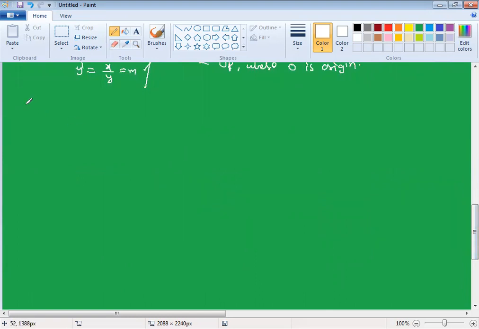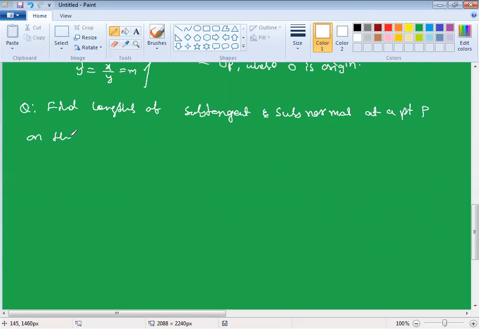That question is: find the lengths of subtangent, that is mod y by m, and subnormal, that is y into m, at a point P on the curve y equal to b into sine x by a.